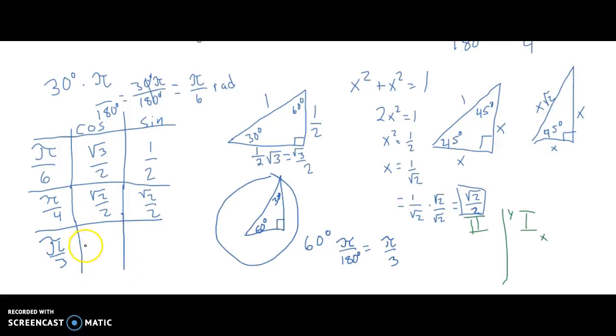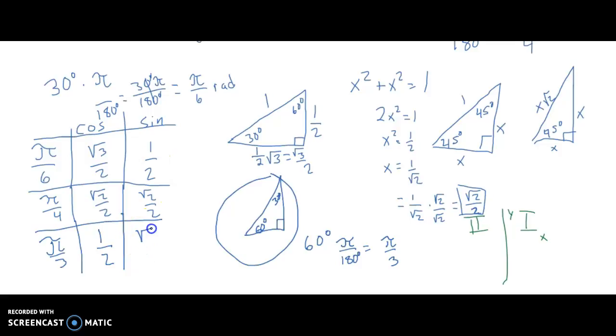And then I want you to think for a moment, what would be my x value, what would be my y value. So hopefully you're thinking, well, this is a 30, 60, 90 triangle, and this is also a 30, 60, 90 triangle. It's just oriented a little differently. And so my x value is going to be 1/2, while my y value over here is 1/2.